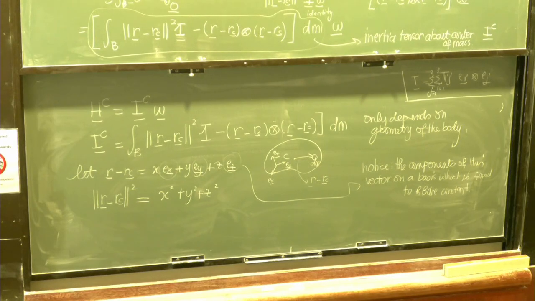How many terms is that? i is going from 1 to 3, j is going from 1 to 3. 9, right? T11, T12, T13, T21, T22, T23, T31, T32, T33.